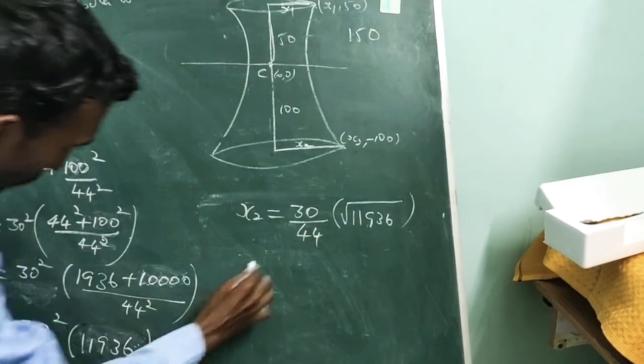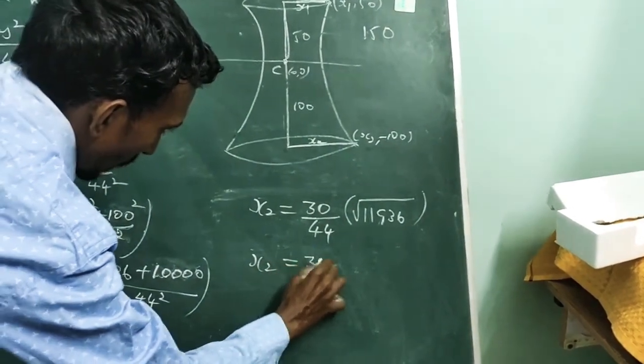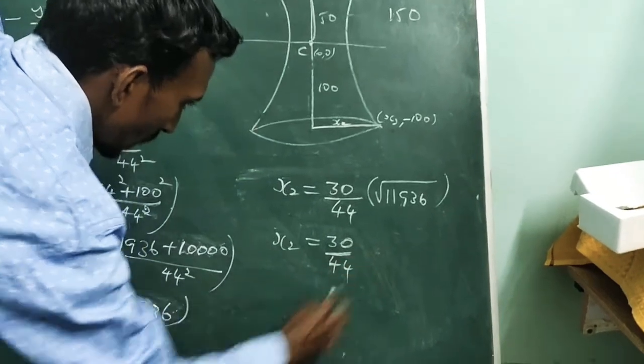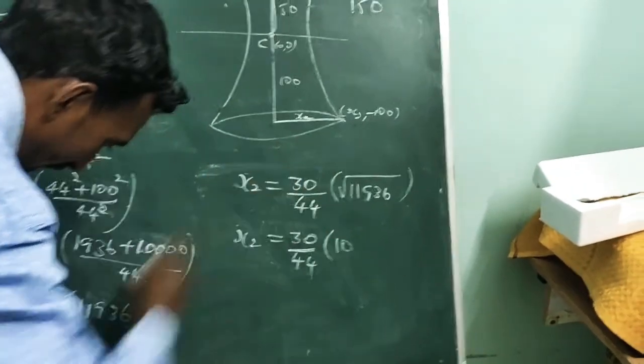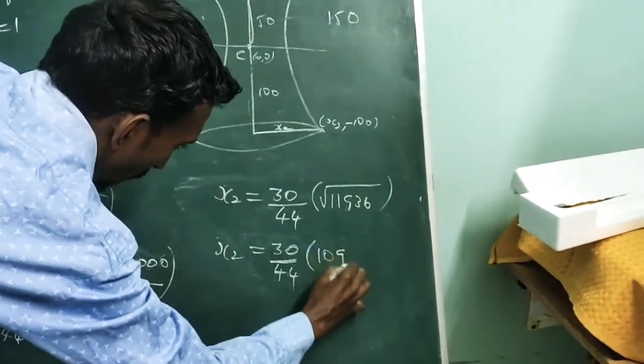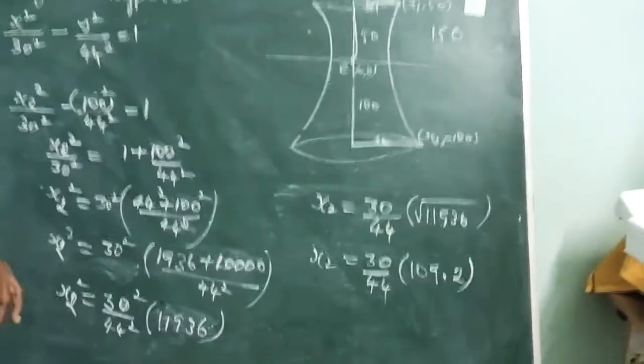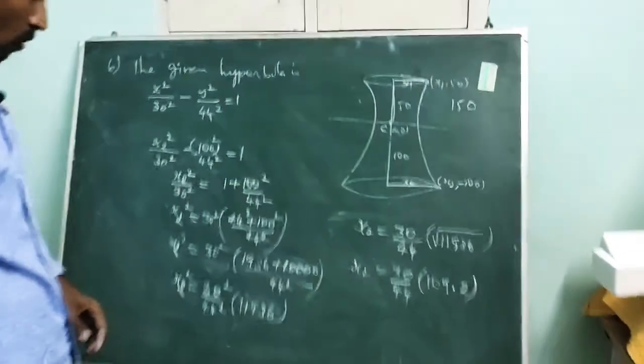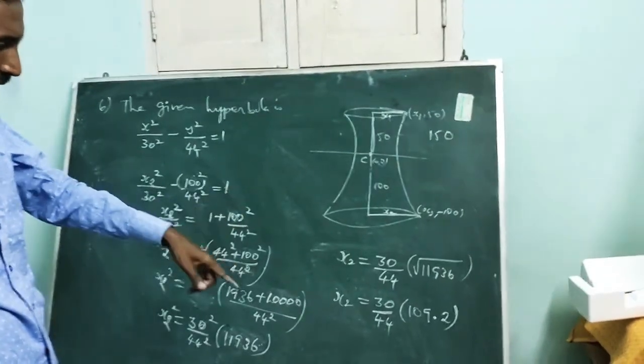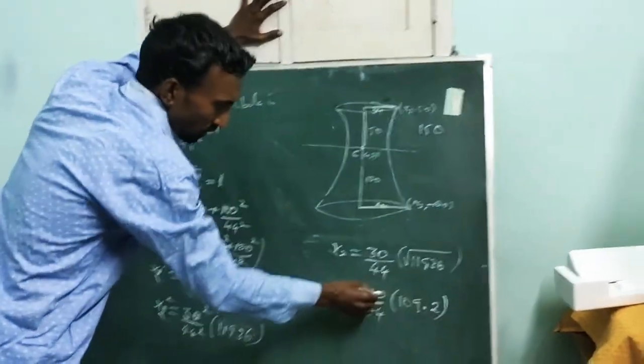If you found out this, we are getting 30 by 44 into, I think again use long division method, 109.2. We are getting the square root of 11,936 as 109.2. Again leave this decimal because 0 is there.